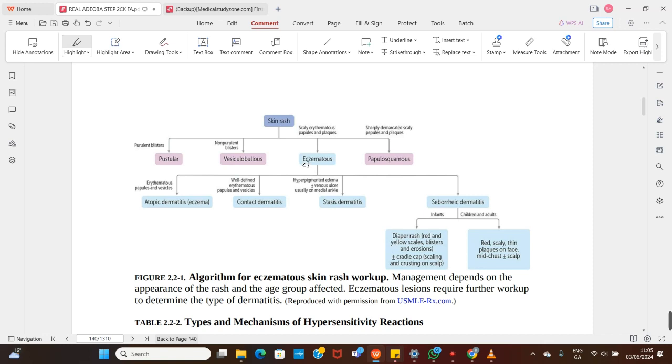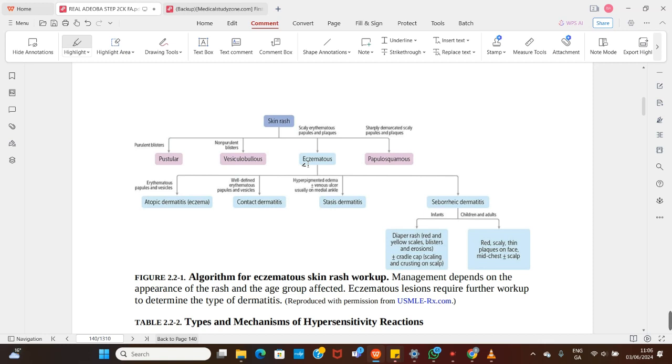Then eczematous lesions. Eczematous lesions usually appear dry. They are pruritic, they are dry, they are thick, and they are swollen. They are edematous. But the two major things that you should look out for in eczematous lesions are the dryness and the itchiness. The dryness and the itchiness is very important. So most of the time you see that they appear scaly, erythematous papules and plaques.